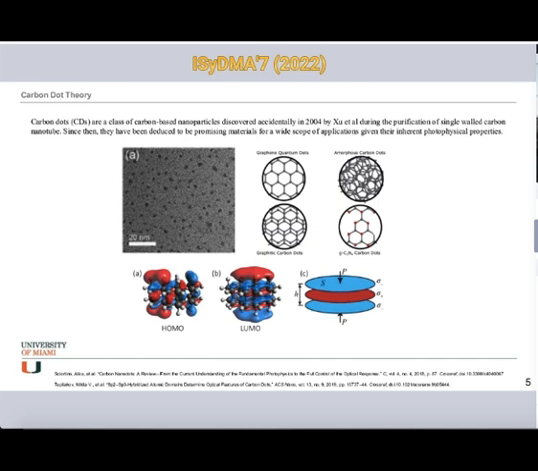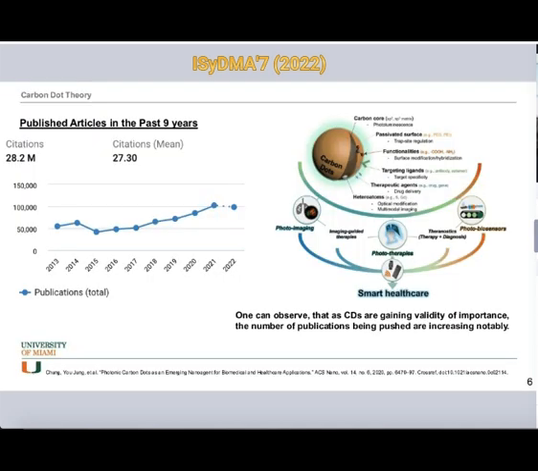As you can see on the next slide, the number of published articles over the last few years has increased quite importantly, because the citation count, as you can see, is impressive. And on the right side, what are the specificities of these carbon dust?